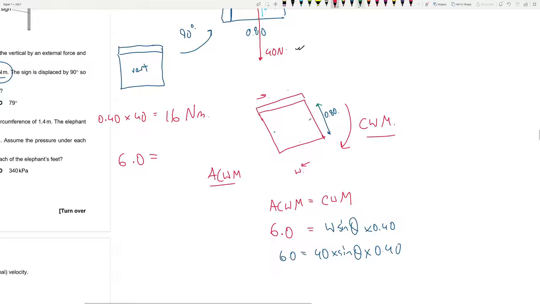So this was our hinge. The weight acts through the geometric center. I'm drawing the geometric center now. This is 0.8, so the center is at 0.4. And this is our hinge.